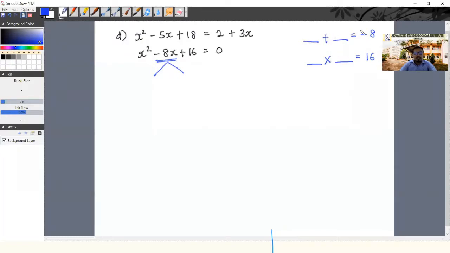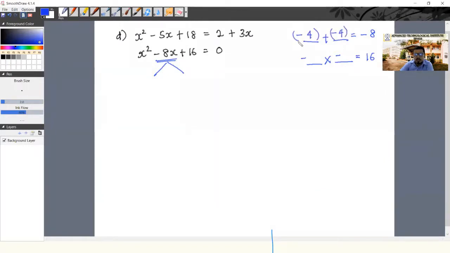And once we add them, it should give us a minus value. It means both these two numbers should be minus values. Should be minus 4 and minus 4.